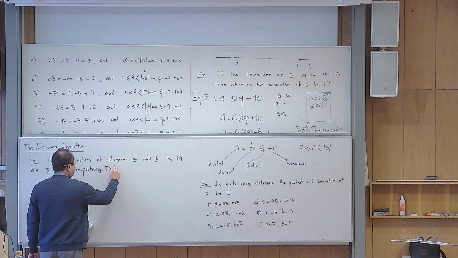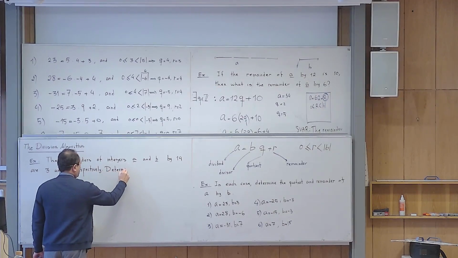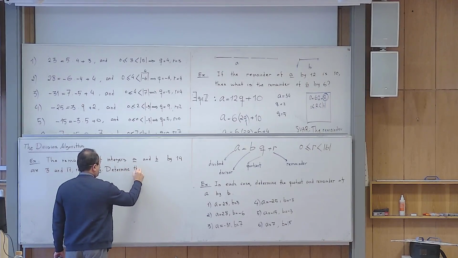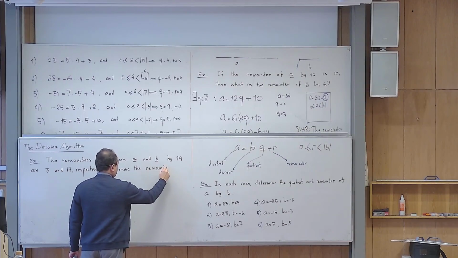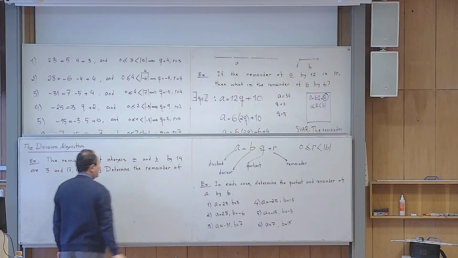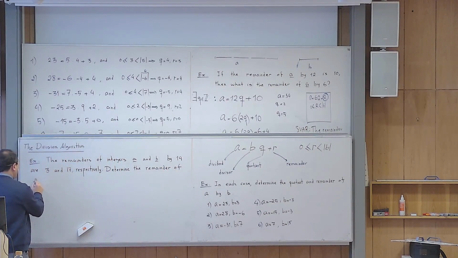Determine the remainder of this combination, 2a minus 3b, by 19.